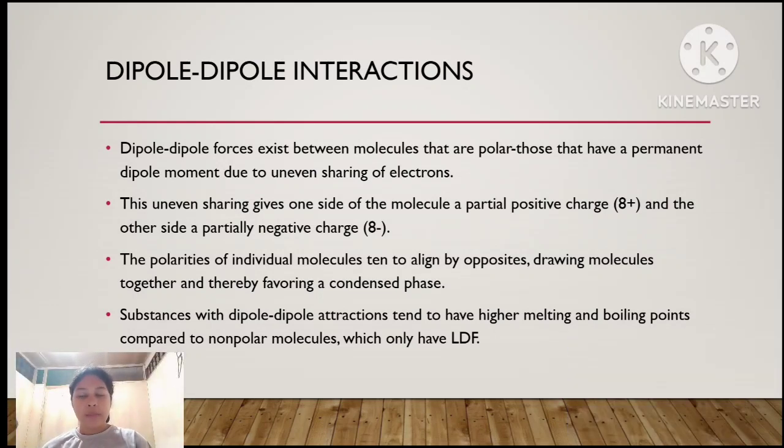In this type of intermolecular force of attraction, this is where the importance of polarity comes in. Remember, only polar molecules experience dipole-dipole forces. Non-polar molecules do not, for the simple reason that they have no dipole.